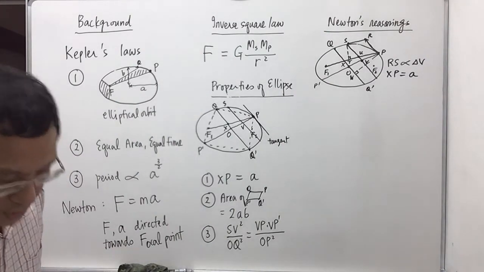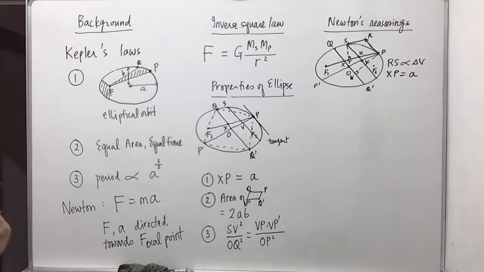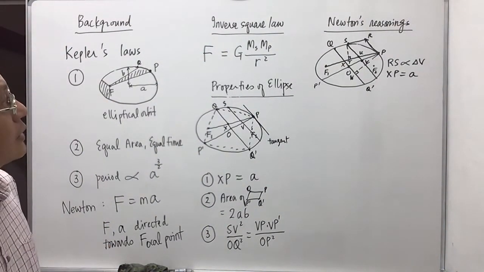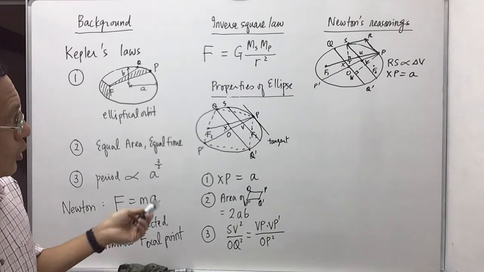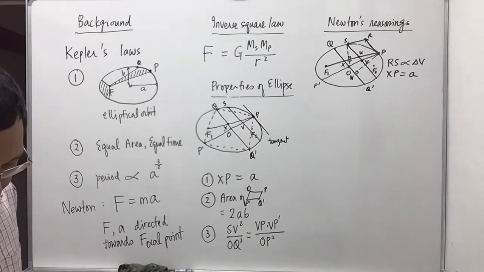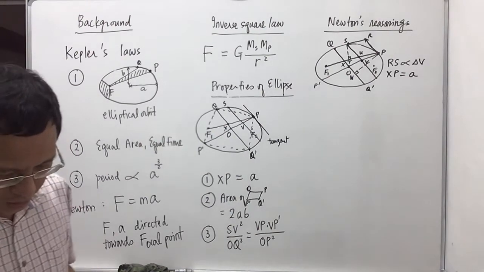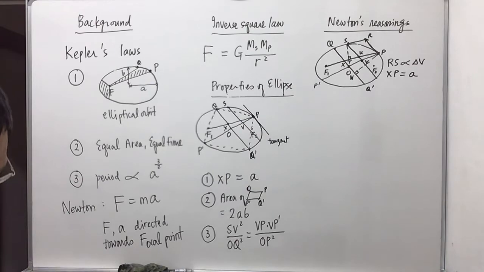Now, Newton saw 2 sets of similar triangles. They are extremely important. See whether you can identify some similar triangles in this drawing. The first similar triangle is between triangle PUV and PXO.